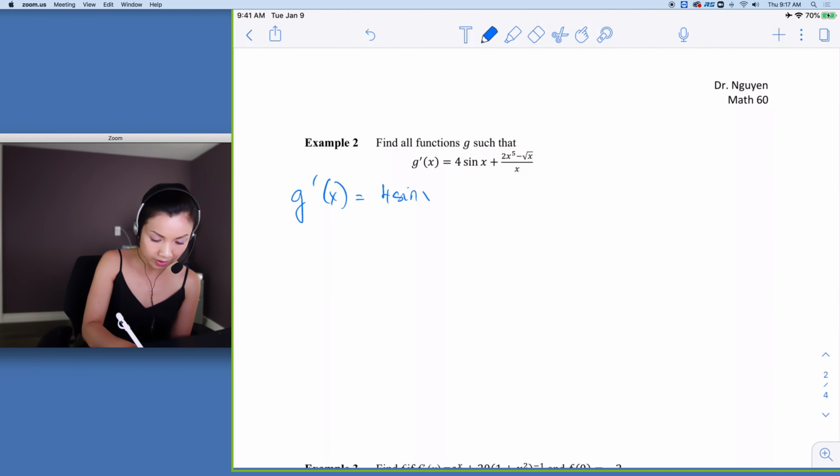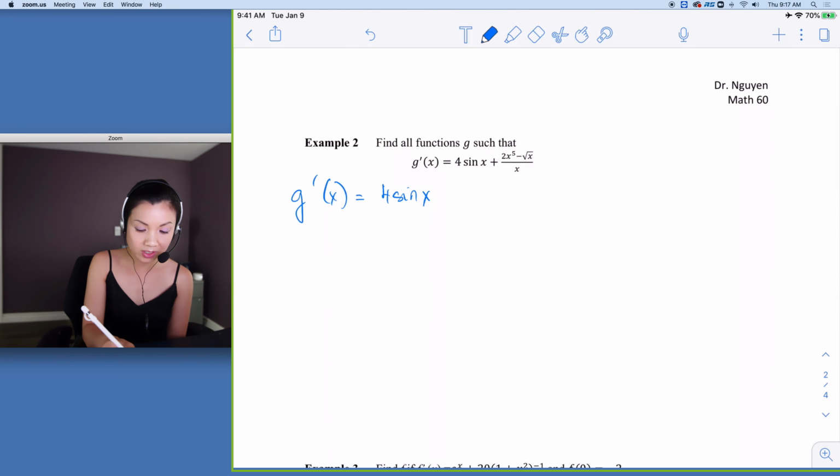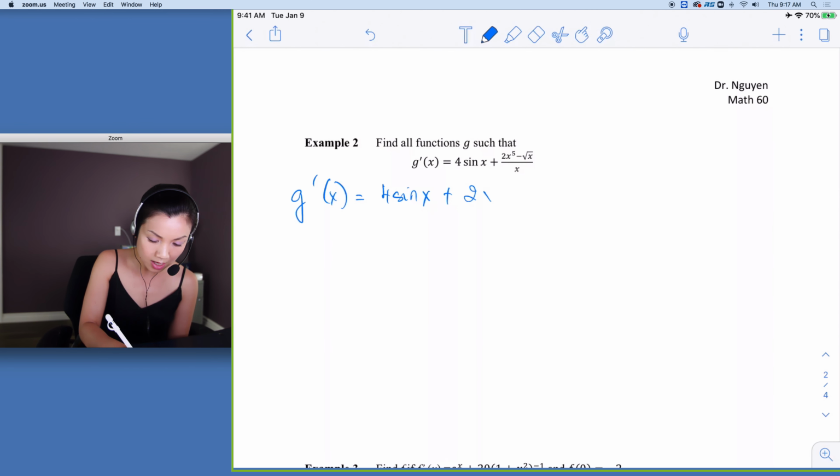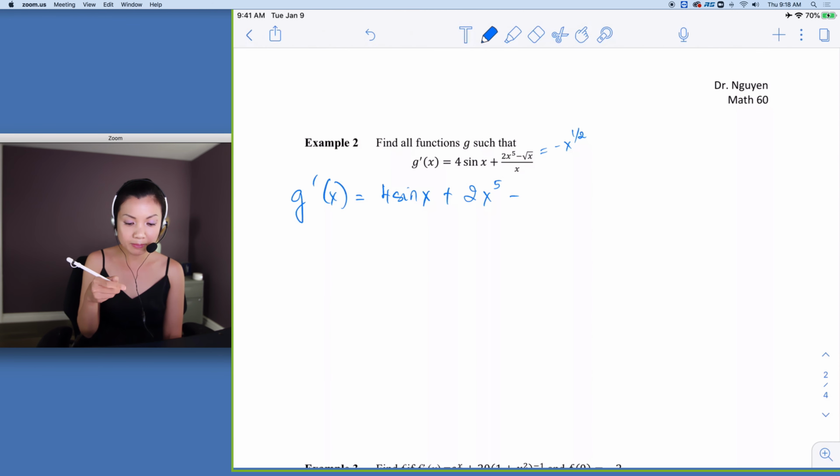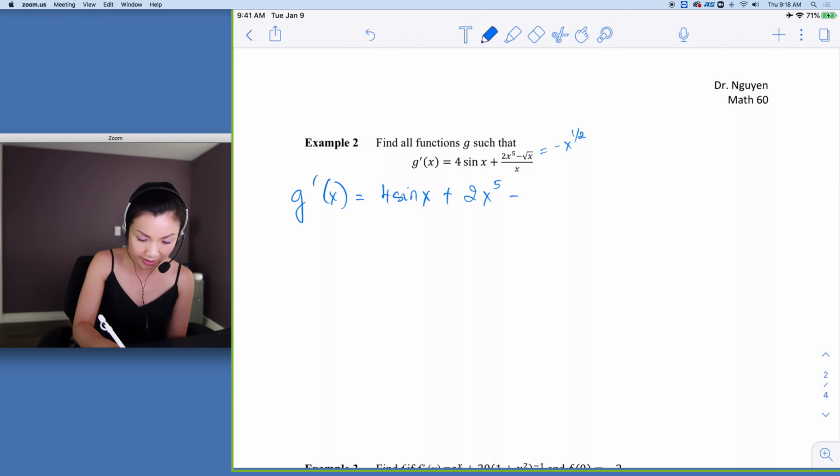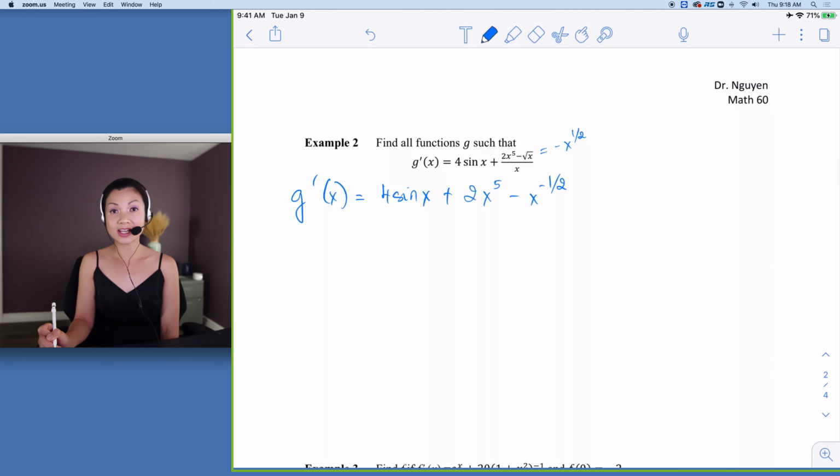I should definitely simplify the power. So I get 2x to the 5th power minus, you see right here what we have is negative x to the 1/2. Now 1/2 minus 1, which is 1/2 minus 2 over 2, is negative 1/2. So that's what I have.